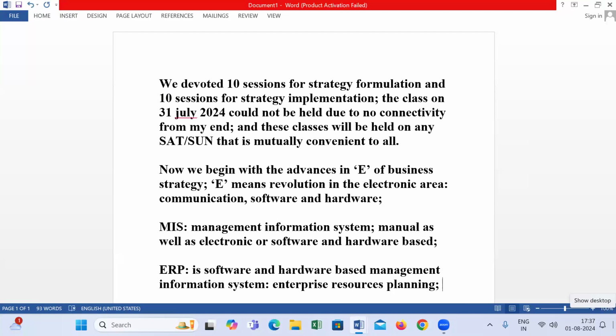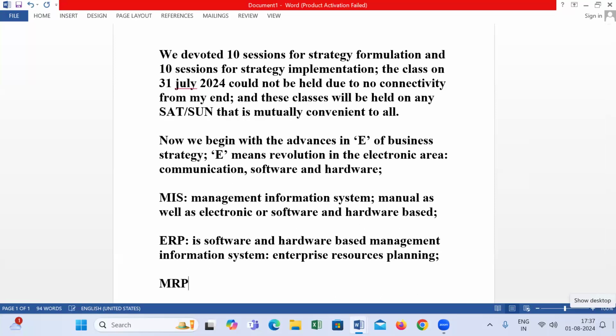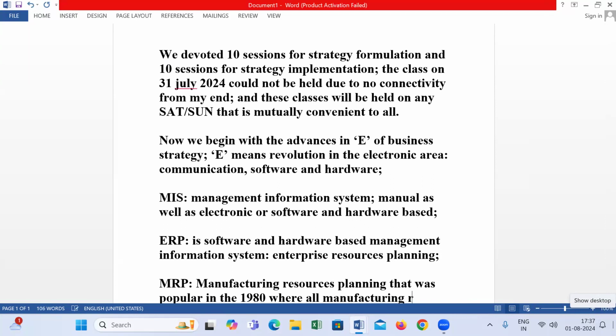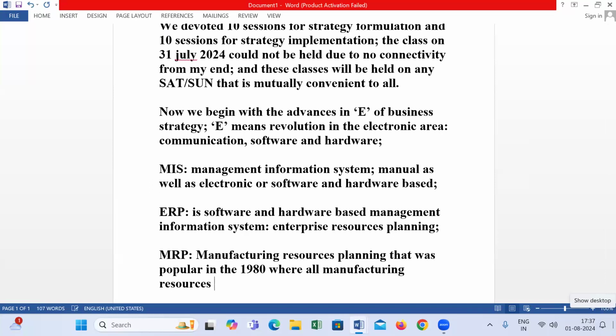ERP stands for Enterprise Resources Planning, and this term came from MRP. MRP stands for Manufacturing Resources Planning, which was popular in the 1980s, where all manufacturing resources were planned by software and hardware.